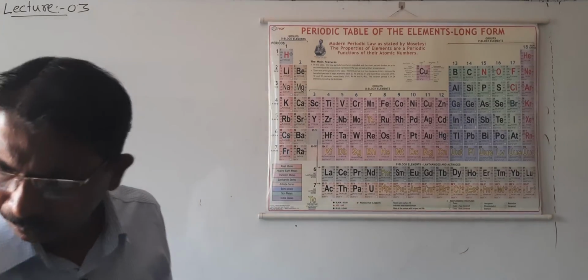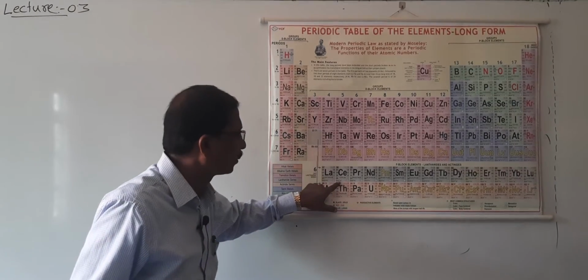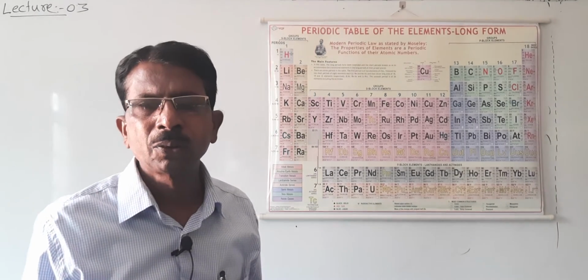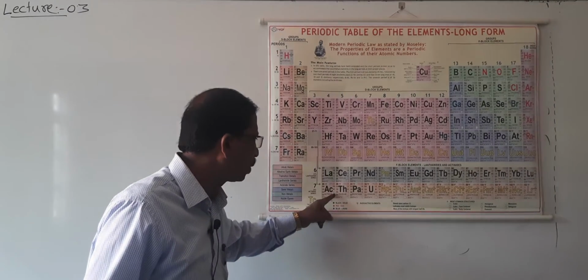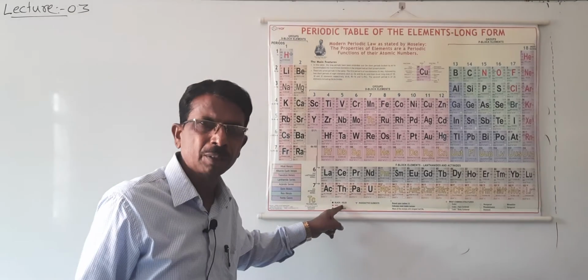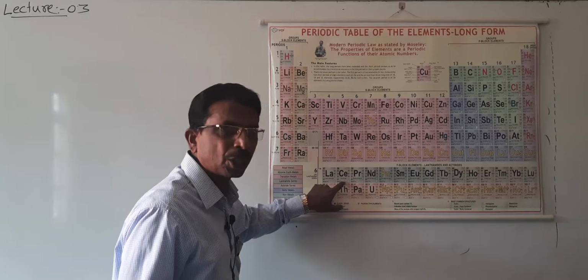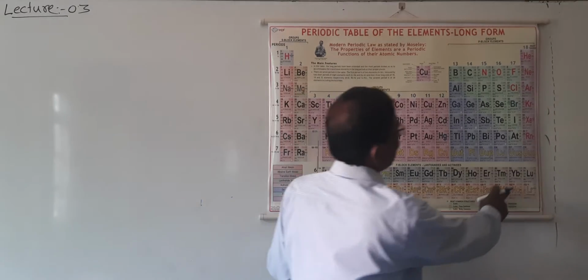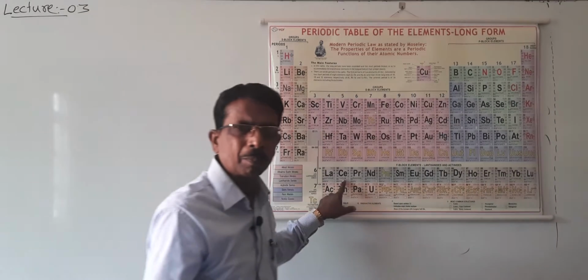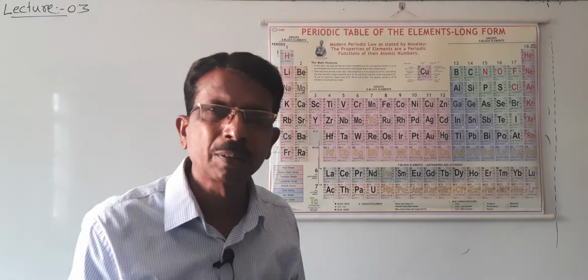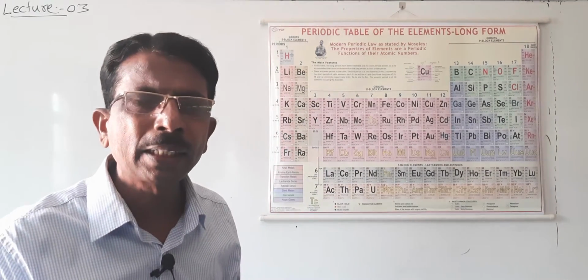Look here students, in the f block elements, there are two rows. So 2 rows, 1 and 2, with 14 elements in each. The first begins with cerium, that is 58, up to 71, lutetium, and it is called the lanthanide series.